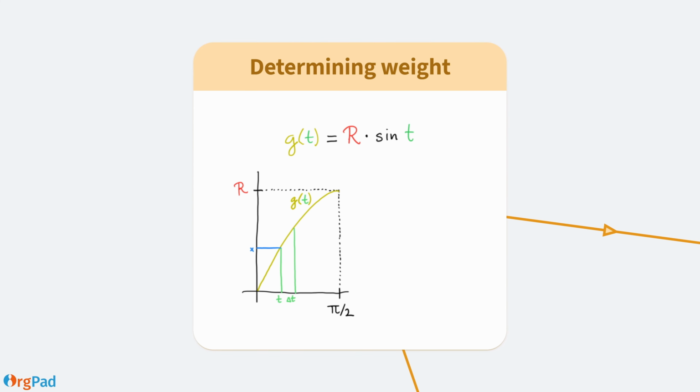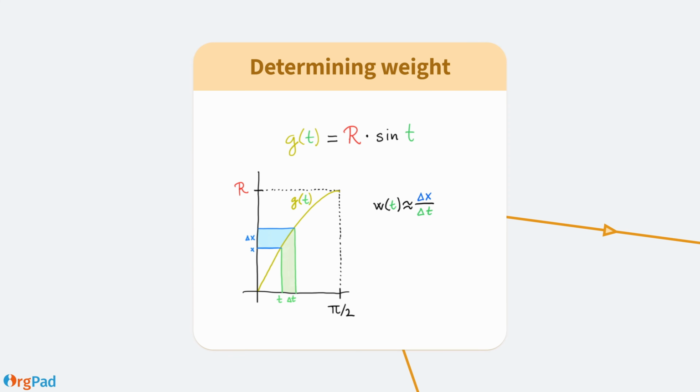A piece of width delta t is displayed on the horizontal axis, while the corresponding width delta x is found on the vertical axis. So the width delta x depends on how much the graph grows when going from t to t plus delta t. We get w of t as the ratio delta x over delta t as delta t becomes smaller and smaller.